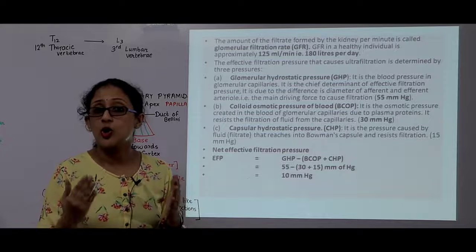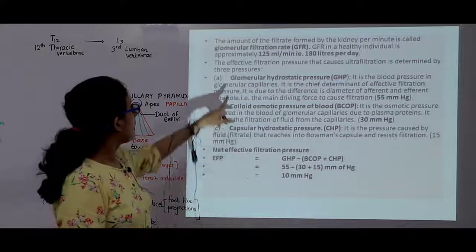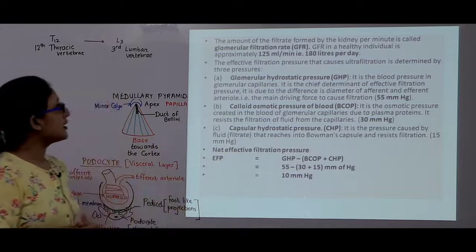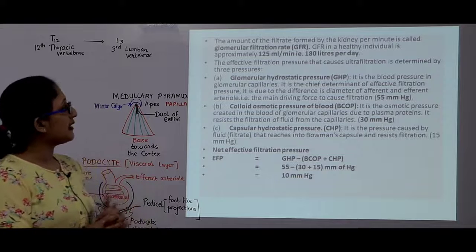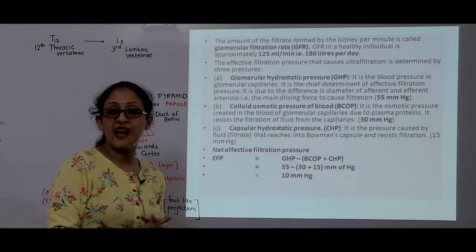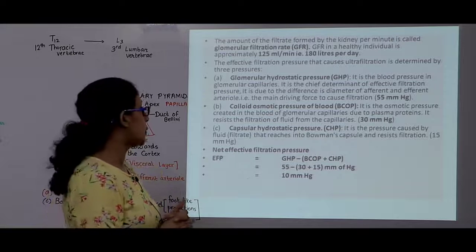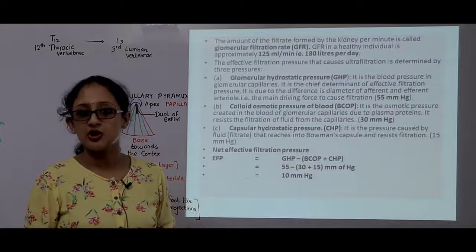This pressure is called the glomerular hydrostatic pressure. It is the blood pressure in the glomerular capillaries. It is the chief determinant of the effective filtration pressure due to the difference in the diameters of the afferent and the efferent arterioles. It drives or it causes filtration.